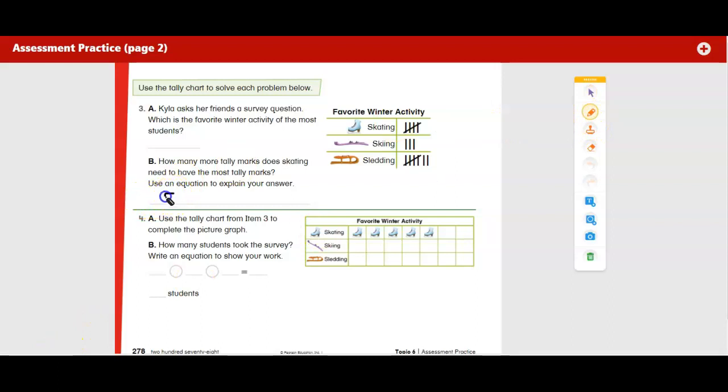So you would need to write 5 to show the total number of skating votes plus blank. That would equal a number bigger than the votes for sledding. So sledding has 5, 6, 7 votes. So if we wanted to make this, let's say, 8 votes, write in how many you would have to add.